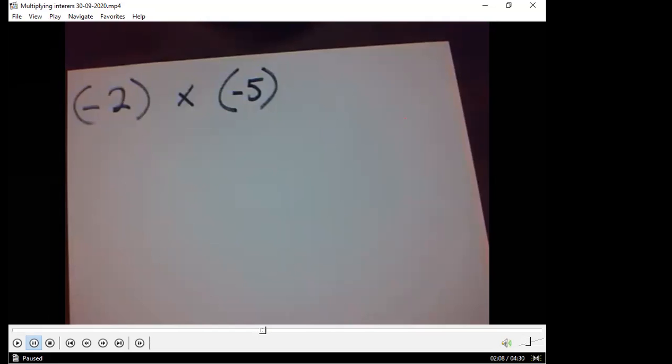The first one denotes what? Subtract. Subtract 2 groups of negative 5.